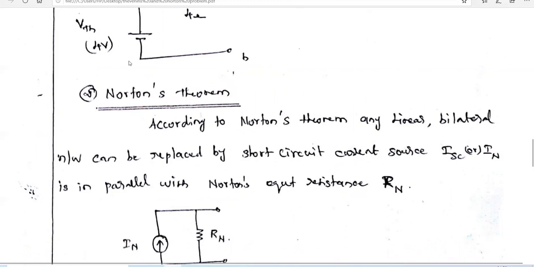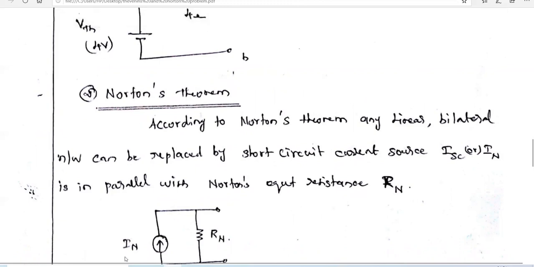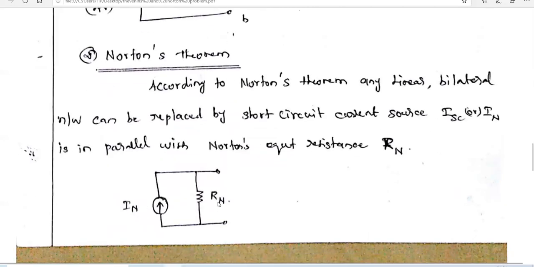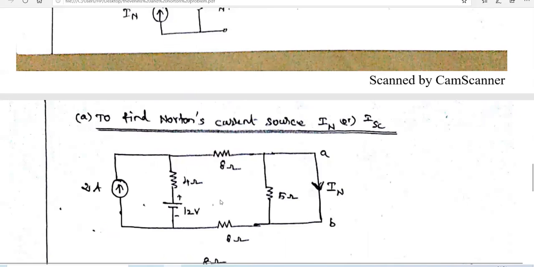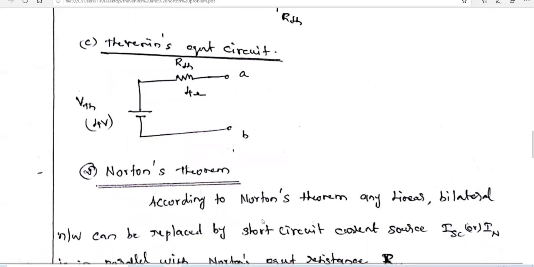The current source is the voltage source divided by the resistance value. So 4 divided by 4, 1. So this Norton's current source value is 1 amp, and the Norton's resistance is the same as RTH, the 4 ohm resistor. That is how we can directly convert Thevenin's equivalent circuit into Norton's equivalent circuit.